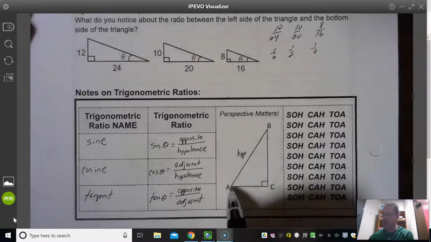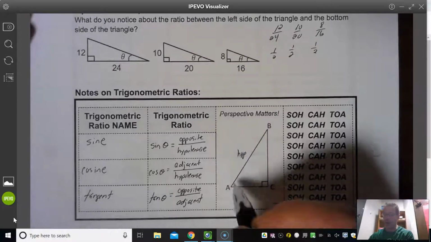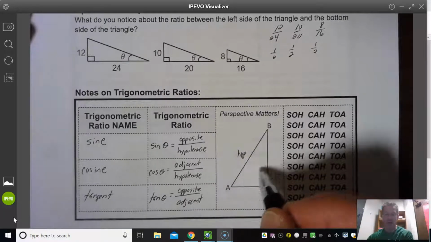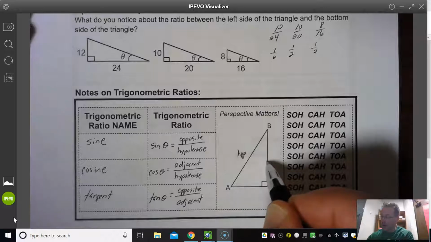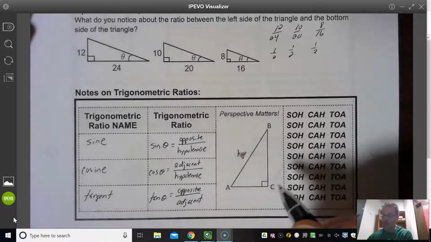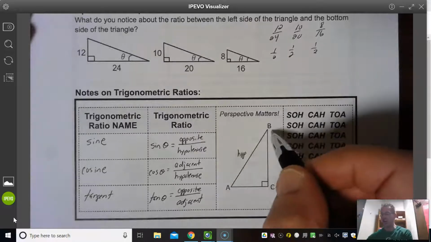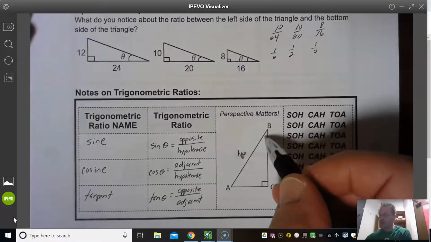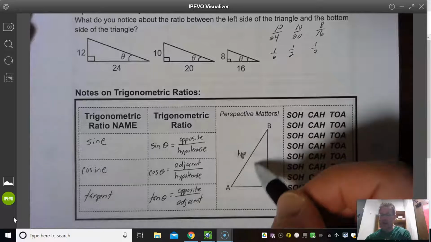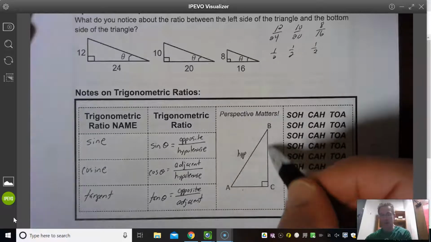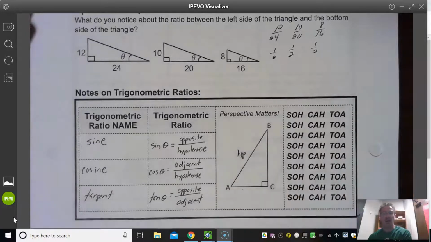Notice if I'm at angle A, the opposite side would be BC. The adjacent side would be AC. It's the side that is touching angle A. But notice if I'm looking from B, AC is now the opposite side, and BC is the adjacent side. So just remember that the opposite and the adjacent depend upon which angle you're looking from. And it doesn't necessarily matter which angle you're looking from.